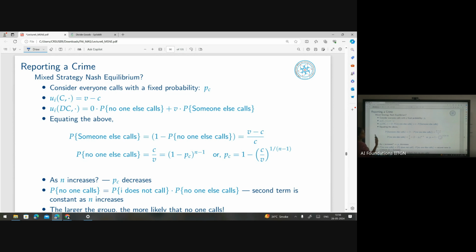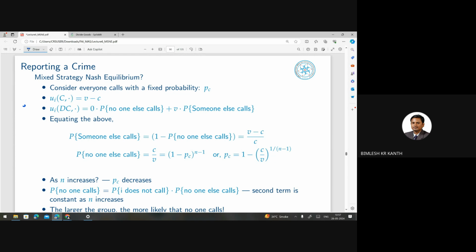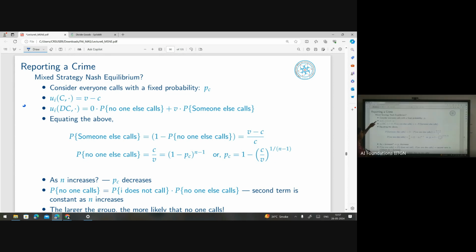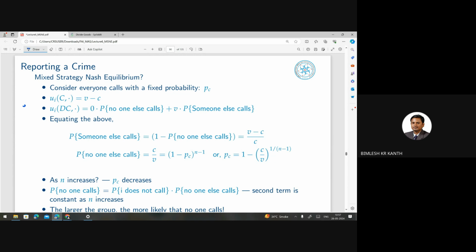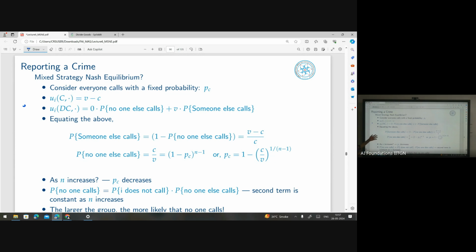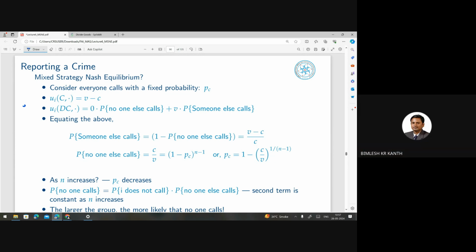Now, to calculate a mixed strategy, the only reason for me to randomize is when both of these are equal, both UIC and UIDC. So when you equate it, that gives us P someone else calls like V minus C by C.